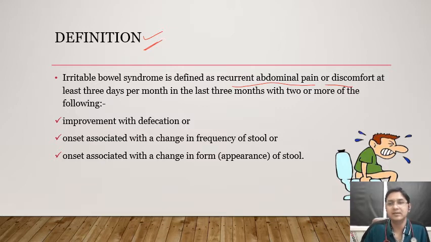The patient might say he is having pain or any kind of discomfort or bloating at least 3 days per month. Means in a month he must have symptoms for 3 consecutive days, and the affected months must be at least 3 in a year. Means in 1 year of duration, the patient must have the symptoms for at least 3 months, and in 1 month for consecutive 3 days.